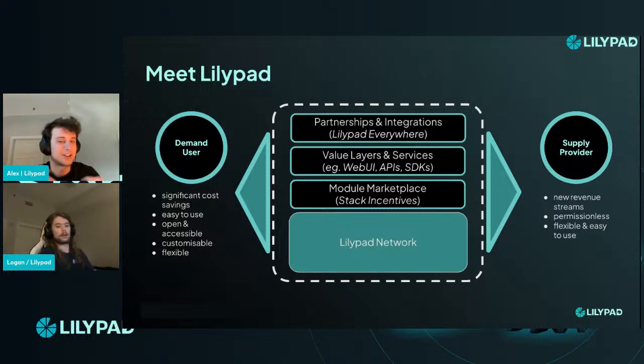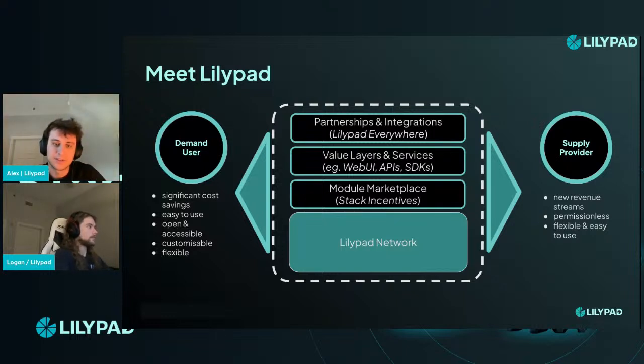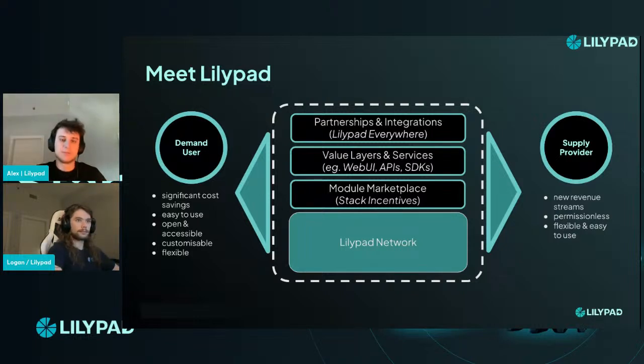Think of it as a decentralized Hugging Face-type system where developers can contribute models that become Lilypad modules that can be run on the network, and people can share information. The modules are open source, and this becomes a whole community and ecosystem of GPUs being matched with people who need the compute and need to run jobs.